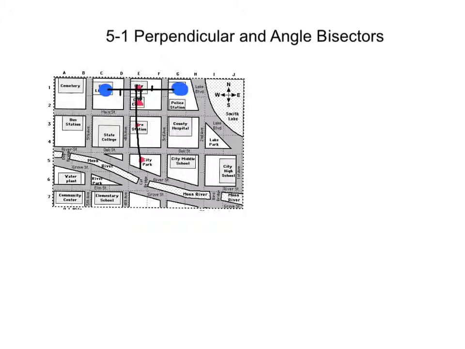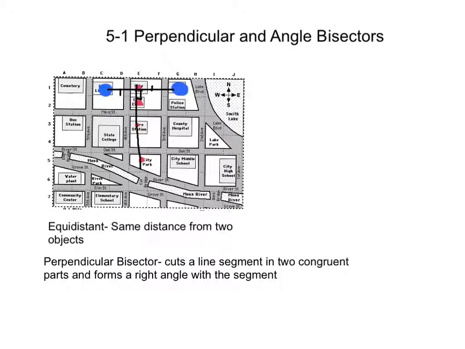As you notice, we have a right angle here, a perpendicular bisector. That's a word that we heard earlier. Let's see what that means as a reminder. A perpendicular bisector cuts a line segment in two congruent parts, and it forms a right angle with the segment. And as you notice, our equidistant red dots seem to do that. They seem to cut the distance between the blue dots in half, and it's at a right angle.